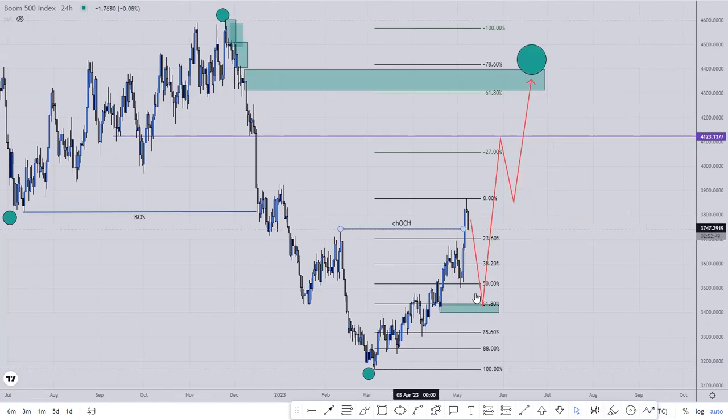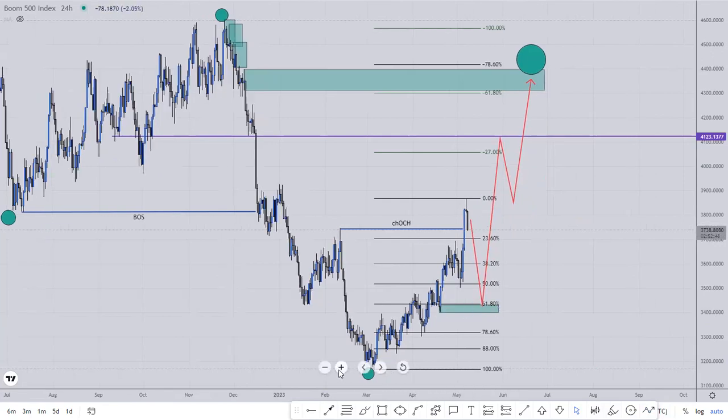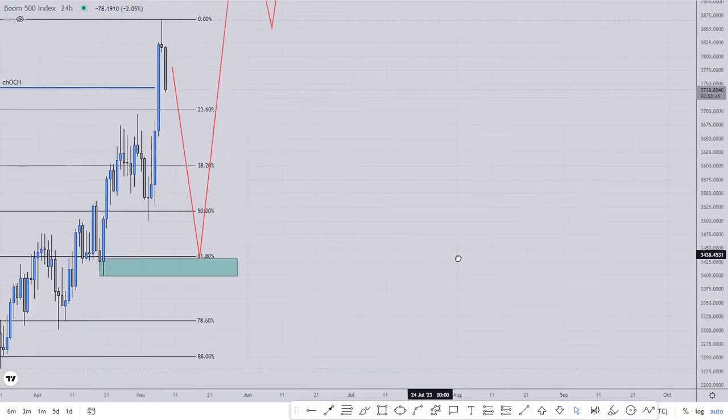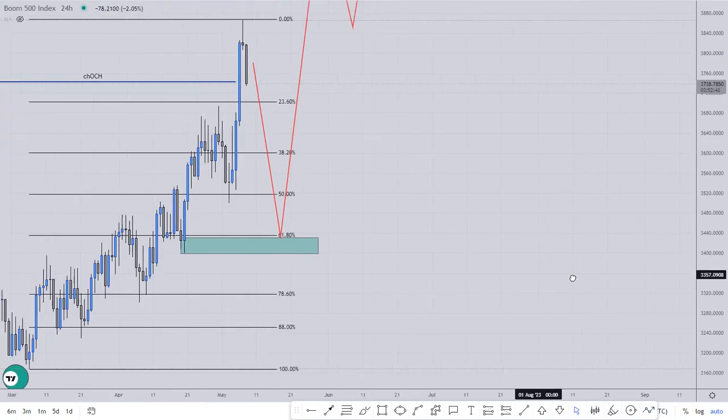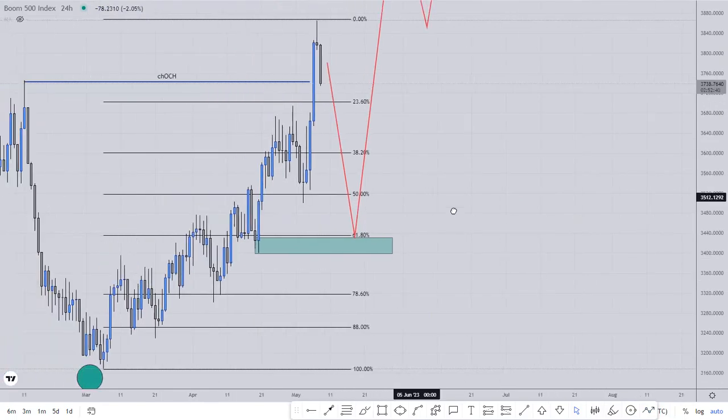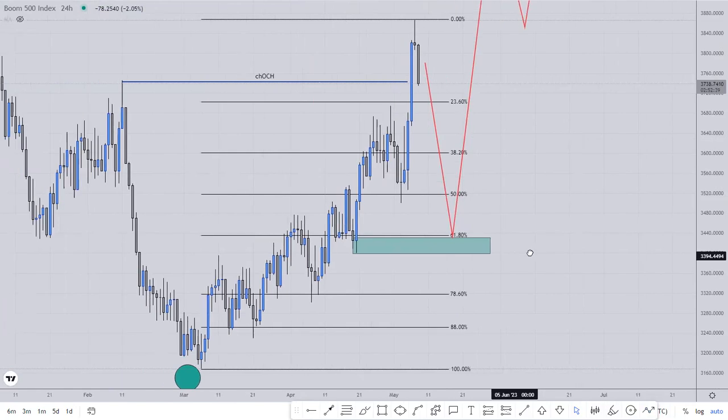After this change of character, what I'm simply waiting for is a pullback for me to enter the buys, because we are now in a bullish order flow according to internal structure. Bullish order flow means I have this level here, this order block there, which was not tapped, not retested, not mitigated.